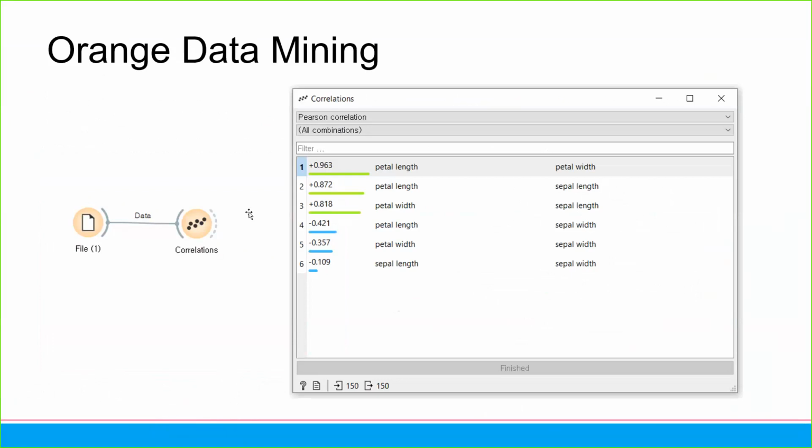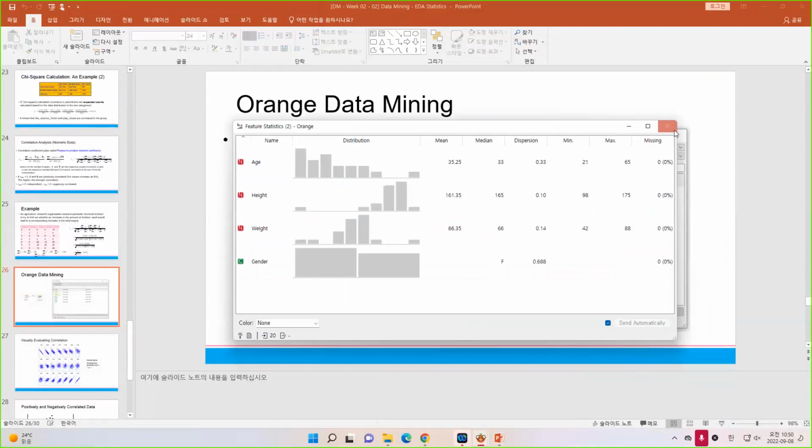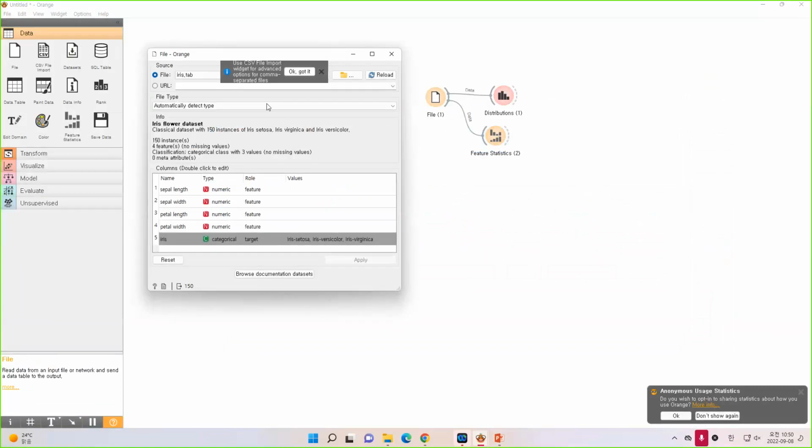You can use the Correlations widget in Orange. Okay, I still use this iris as the example.